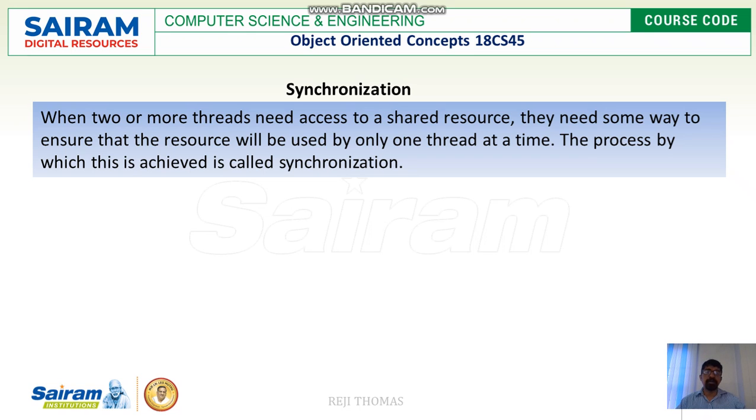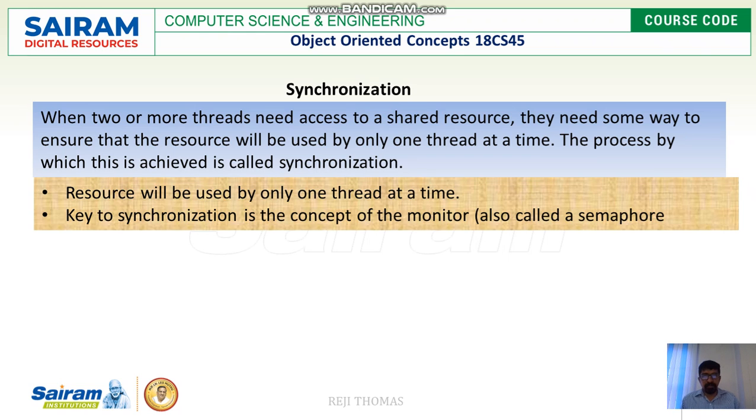When we create multiple threads, we have to make sure that only one thread uses or occupies the resource at a time. This is achieved by a technique called synchronization.